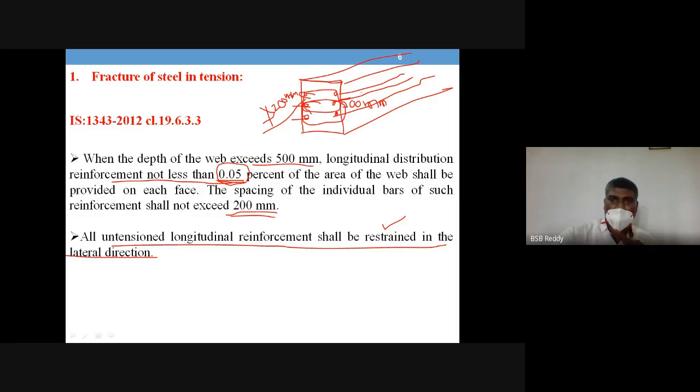To hold all these bars you shall have sufficient number of shear reinforcement, means shear rings, loops, likewise. Okay, all untensioned longitudinal reinforcement shall be restrained in the lateral direction by a sufficient number of shear reinforcement or rings, that is the general language. Okay. So sufficient steel shall be provided.